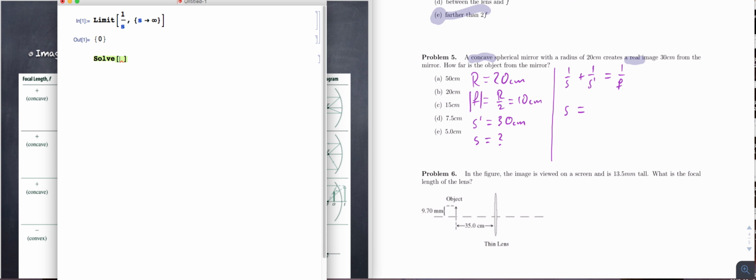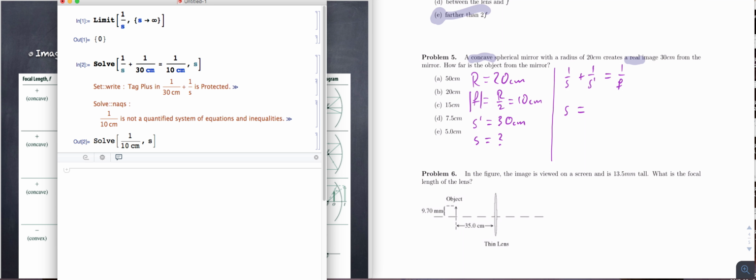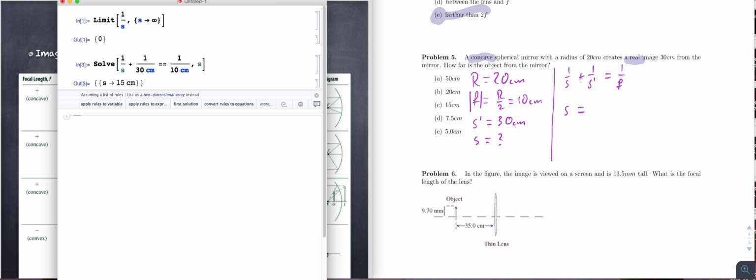So we have 1 over S plus 1 over S prime, which is 30 centimeters, and that equals 1 over 10 centimeters, and then we can solve for S. And I made a syntax error, and we get 15 centimeters.